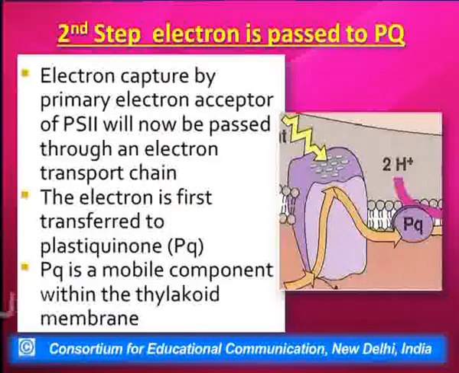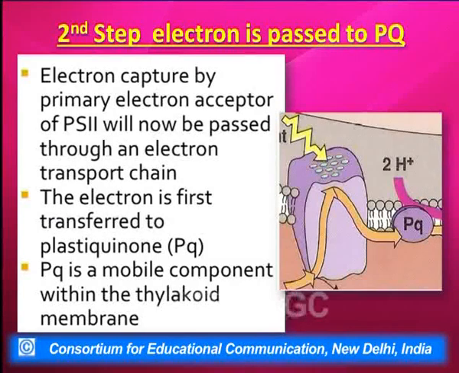This is the mitten that I was talking to you about, and there has to be a primary acceptor which will now be present at a much excited level. That means at a much more minus redox potential, and this has been found to be a plastoquinone. Interestingly, plastoquinone is not a component which is bound to the plasma membrane.